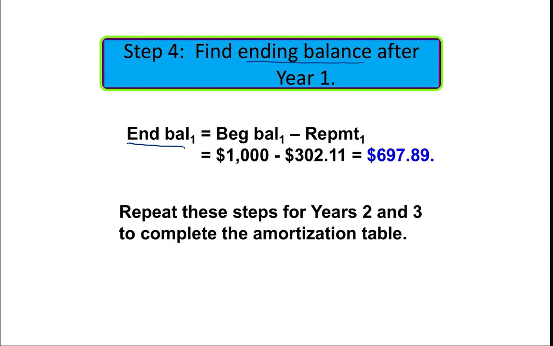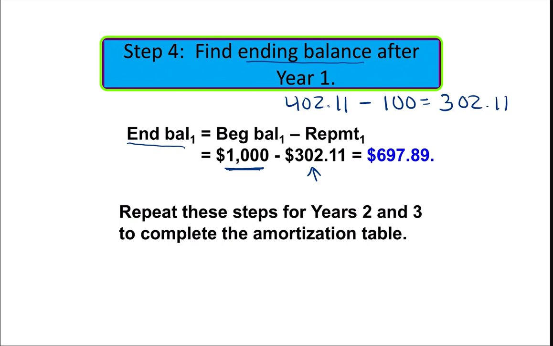So the beginning balance of our loan was $1,000. Our payment is $402.11. But if you remember, $100 of that went to interest. So we're repaying $302.11 of our principal.